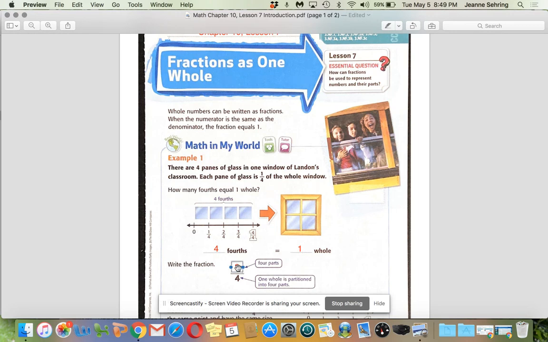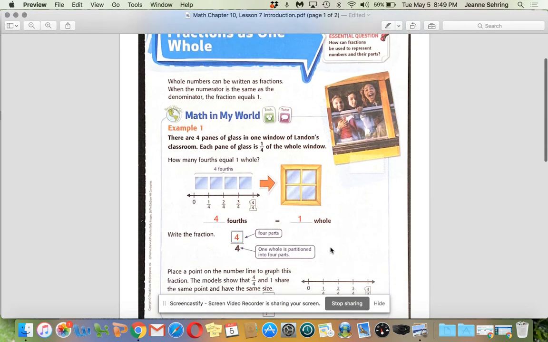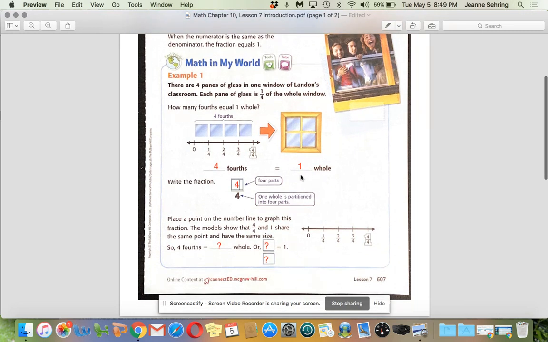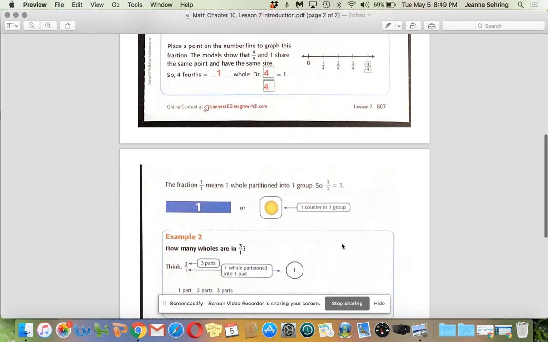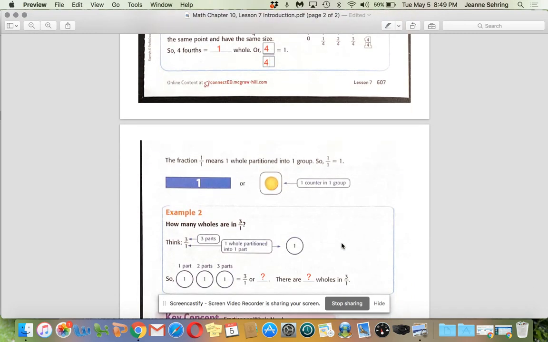So 4 over 4 equals 1. So 4/4 is one whole, or you could say it like this: 4 over 4 equals 1. Make sense? All right, so now let's look at the next page.